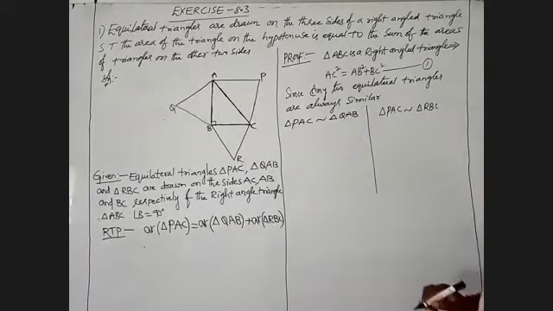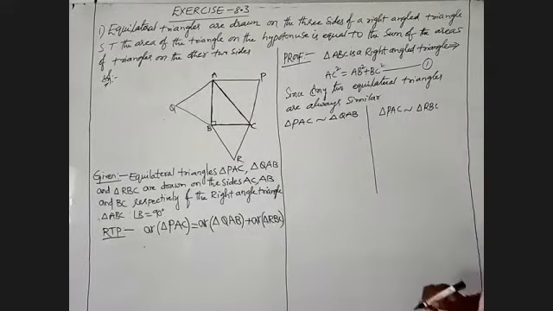Okay, 1 plus 2 we will get, where 1 is area of triangle QAB by area of triangle PAC plus the second one, area of triangle RBC by area of triangle PAC, is nothing but AB square by AC square plus BC square by AC square, right?